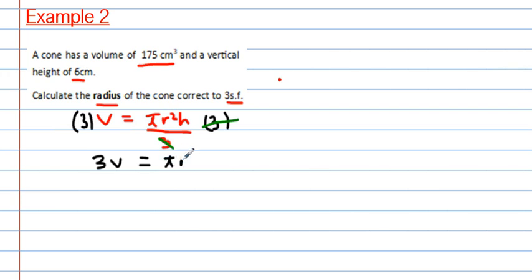I want to rearrange. I think it's best to rearrange before you do your substitution. Pi r squared h. Don't forget, I'm looking for the radius, okay? So I'm going to get rid of the pi h. So I'll divide both sides by pi h.